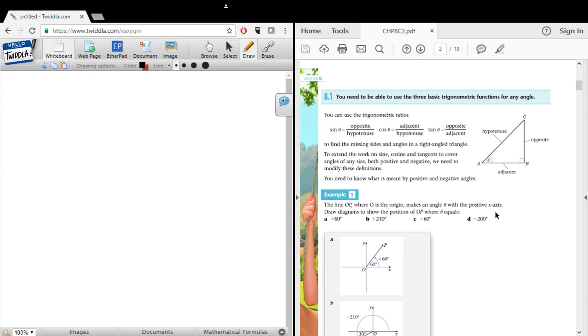So you need to be able to use the three basic trigonometric functions for any angle. In one of the videos I referred to this as SOHCAHTOA. I'm not sure if this is something that is taught in schools, but it's something that I have definitely taught students.